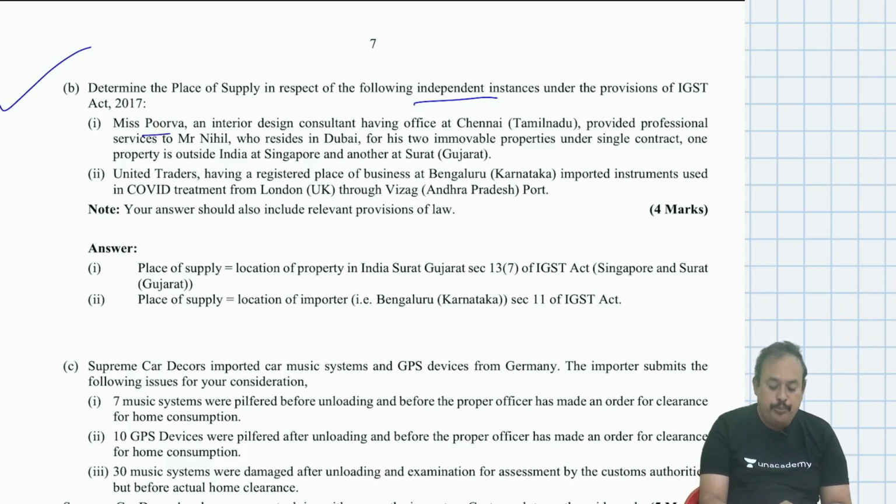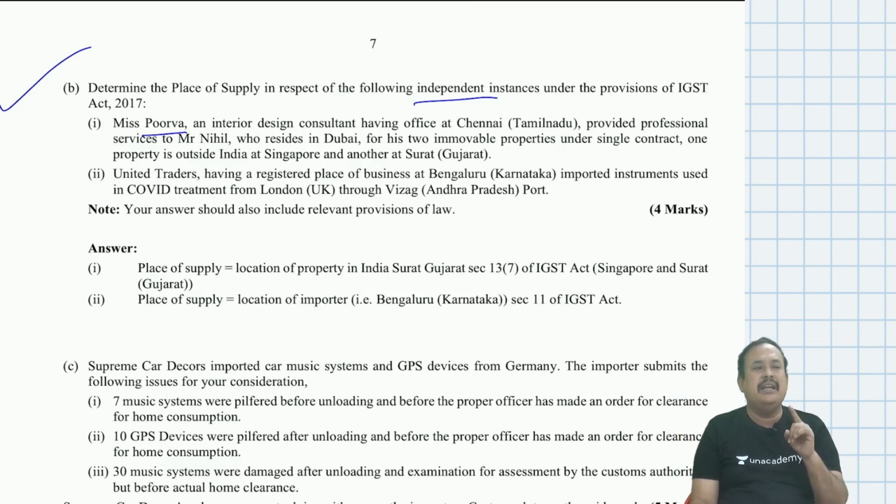Miss Purva, an interior design consultant having office at Chennai, Tamil Nadu, provided professional services to Mr. Nihil, who resides in Dubai, for his 2 immobile properties under a single contract. One property is outside India at Singapore and another property at Surat, Gujarat.